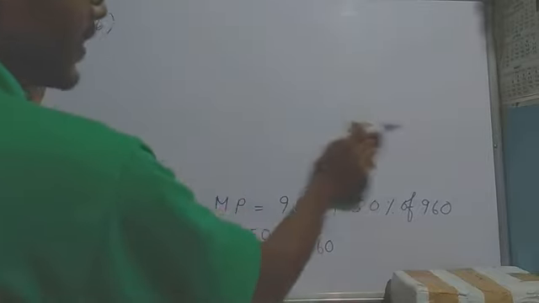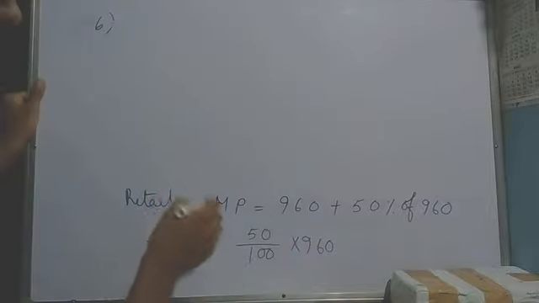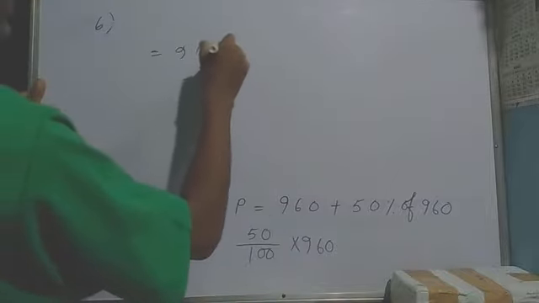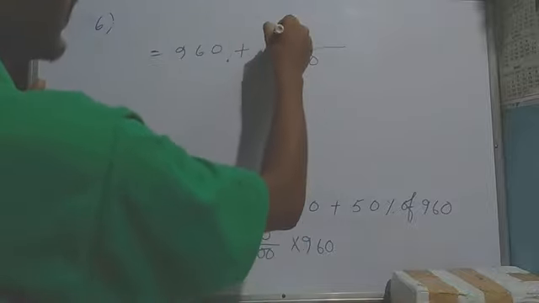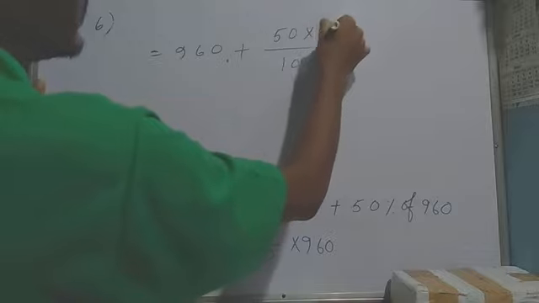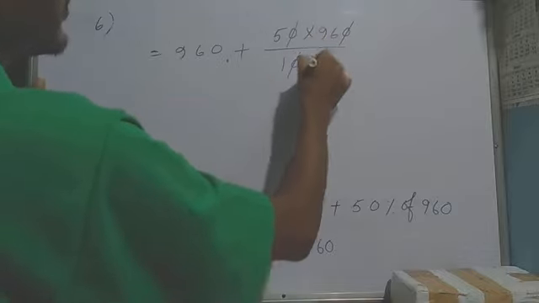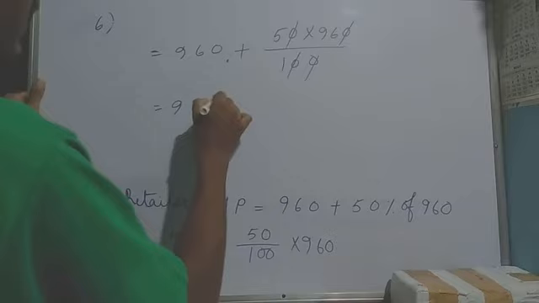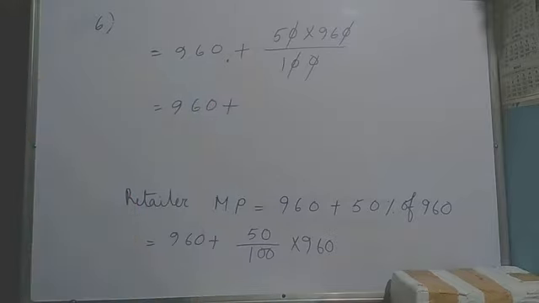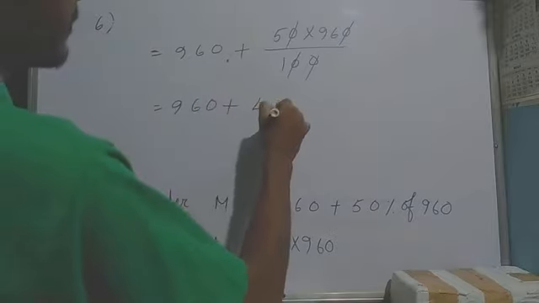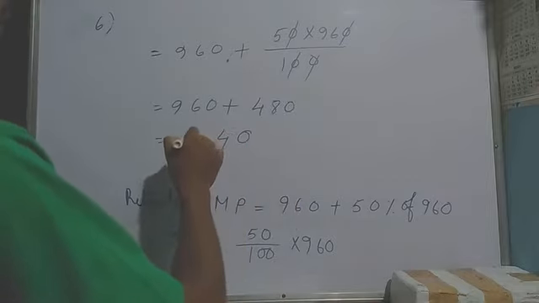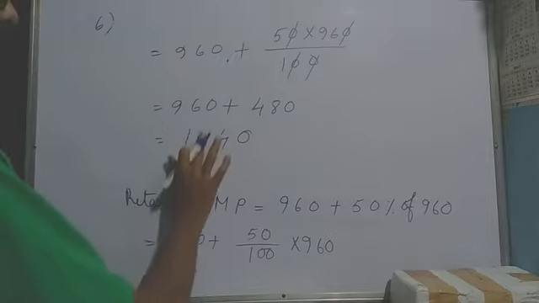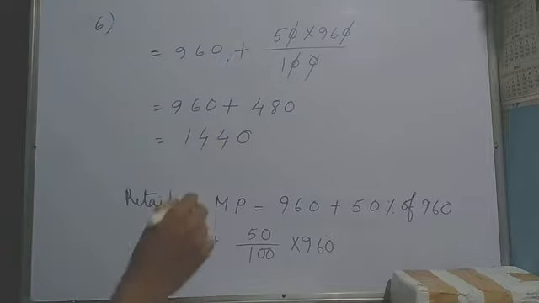So 960 plus 50 multiplied by 960 over 100. Cancel 00. 96 times 5 is 480. So 960 plus 480 is 1440.